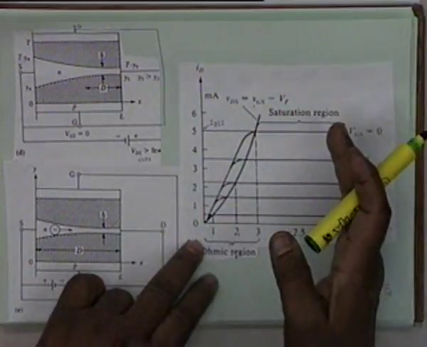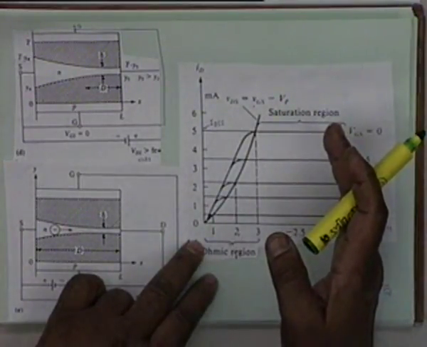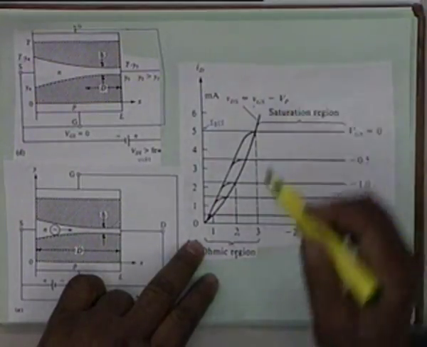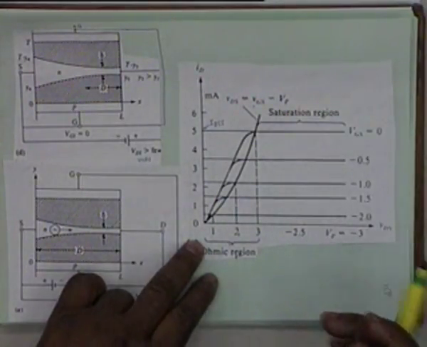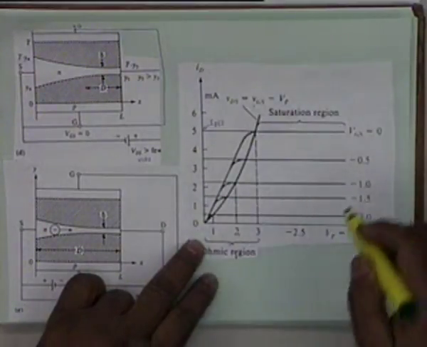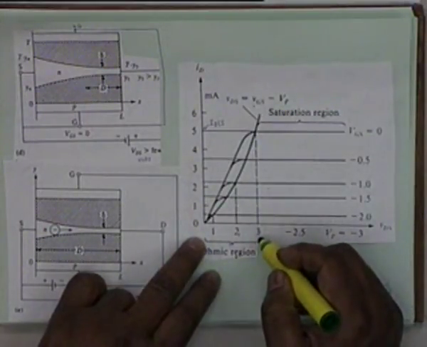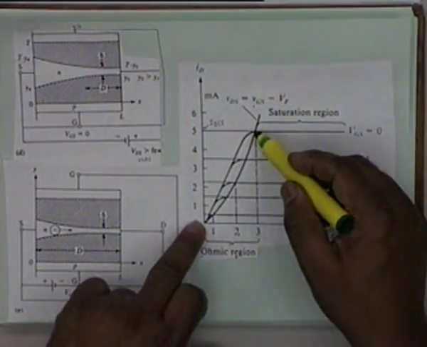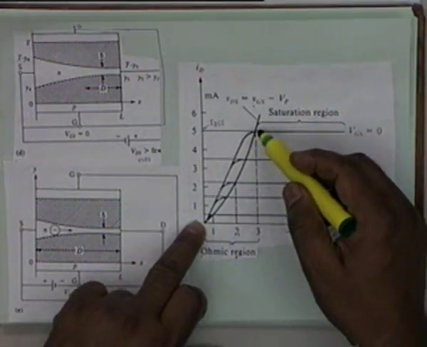In the other region, when saturation of the current occurs, VDS is greater than VGS minus VP. If a characteristic is given, then you can immediately find out the pinch off voltage, VP. Obviously this region is the ohmic region where the current increases linearly with VDS.